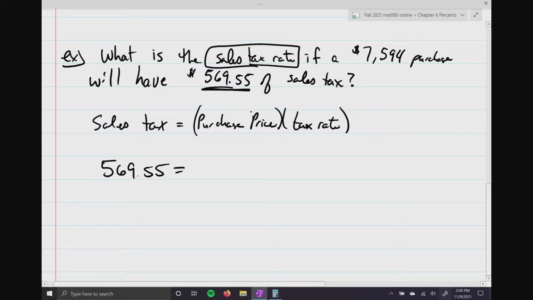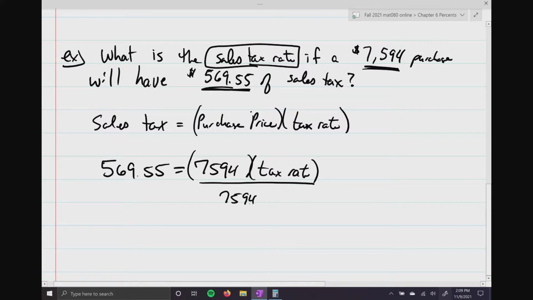We also know that the purchase price was $7,594. The only thing that we don't know is that tax rate. We have no idea what that is. But what we can do is take $7,594 and divide both sides by it. And that's going to give us our tax rate.